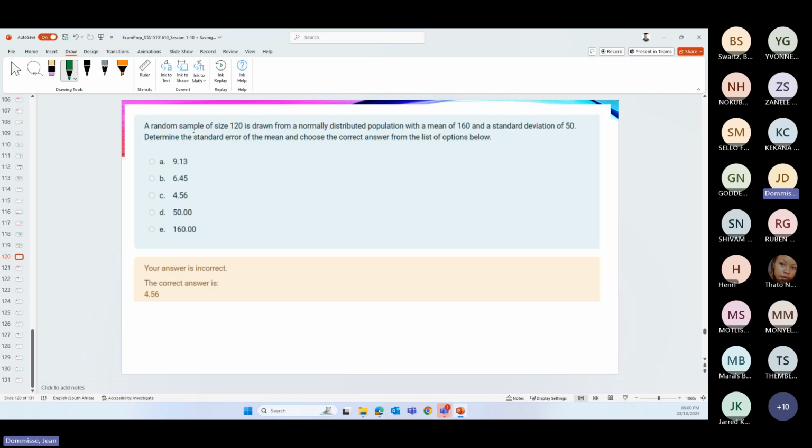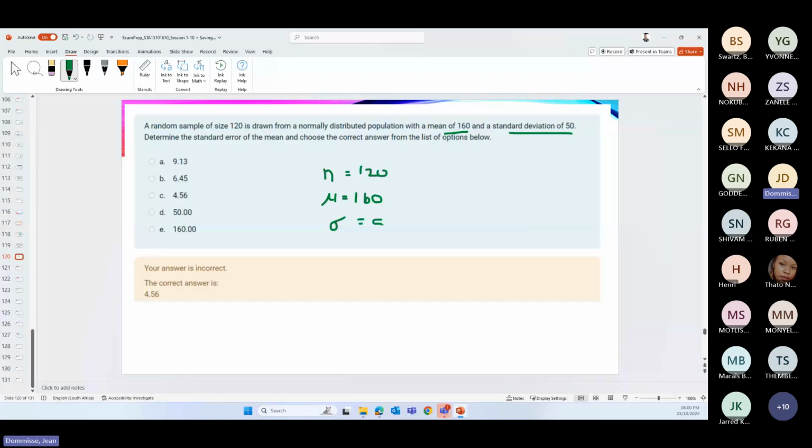So a random sample of 120 is drawn from a normally distributed population with a mean of 160. And then I assume that is, if I say normally distributed population with a mean of 160, the standard deviation of 50, that is the population standard deviation.